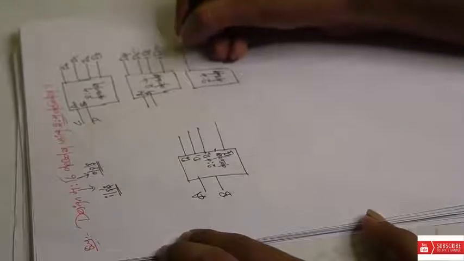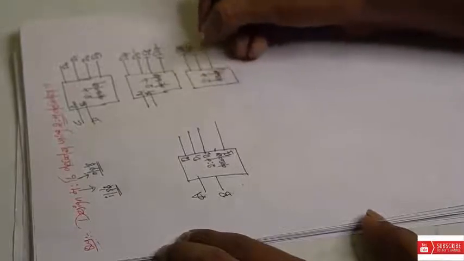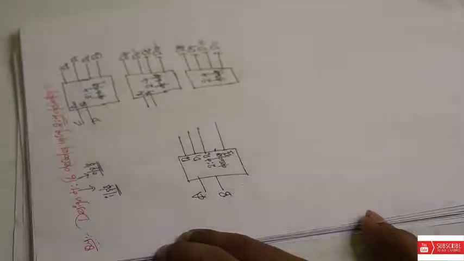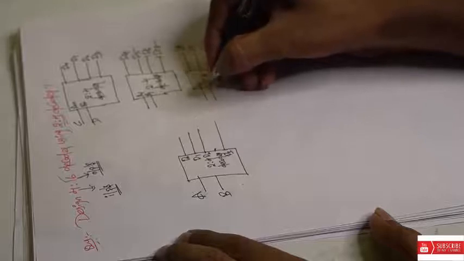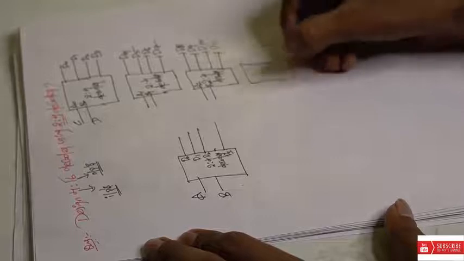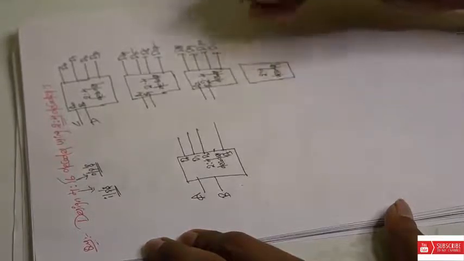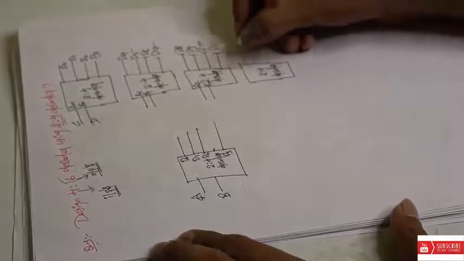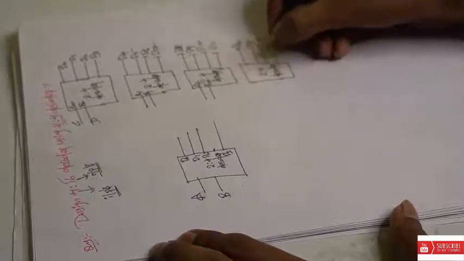This will become D8, D9, D10 and D11. Inputs will be A2 and B2. Here if you take another 2:4 decoder, here you will get D12, D13, D14 as well as D15.